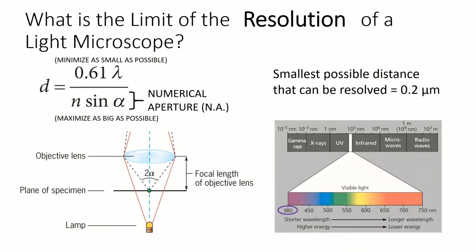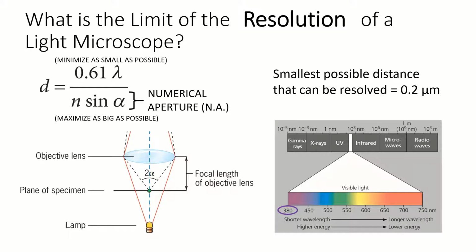And that's the reason why in some of your microscopy activities before, if you can remember, there is a blue filter that we insert through the lenses so that the image will appear blue. The reason for that is we are really trying to use a shorter wavelength for the light, thus minimizing our numerator here, 0.61 lambda.